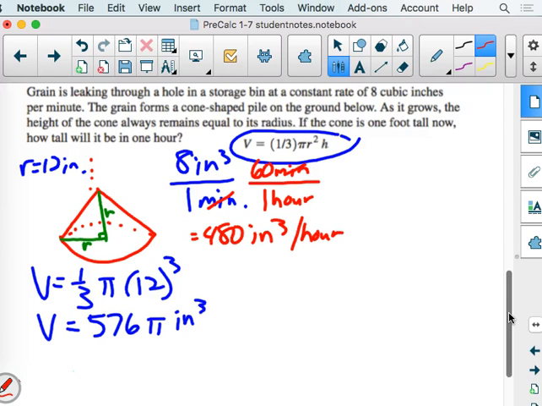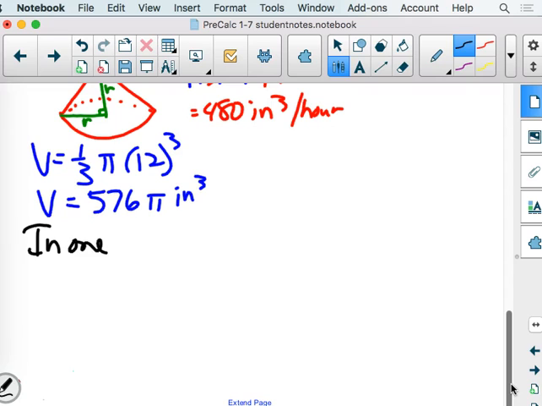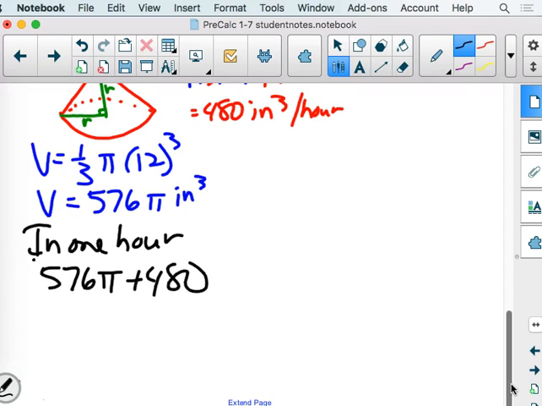So this was, right now, here's the pile. In 1 hour, it will have a volume of 576 pi plus 480 cubic inches. Okay, that was a good start. We saw this is the volume right now.